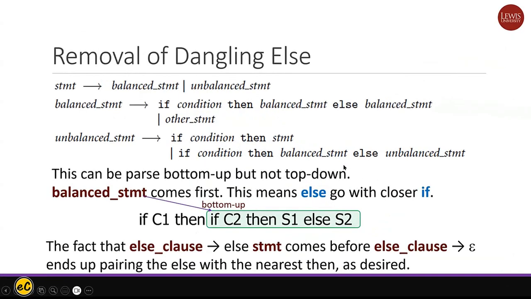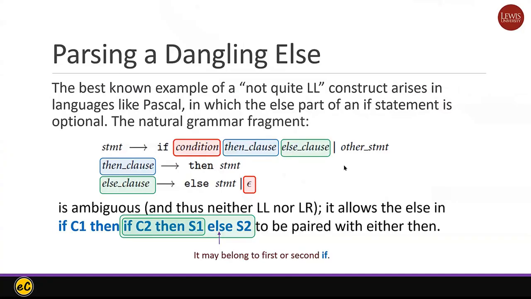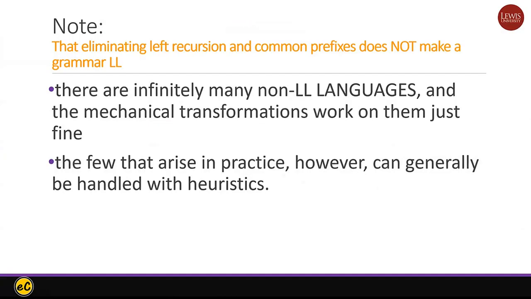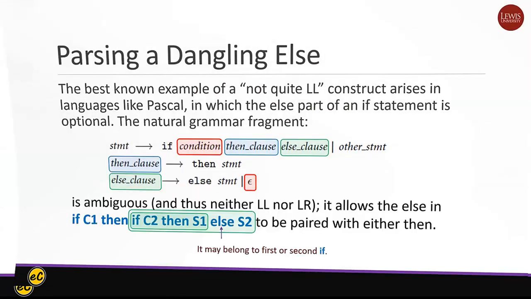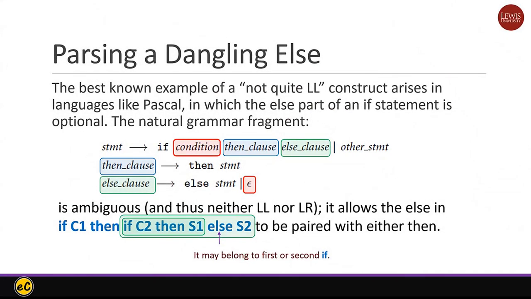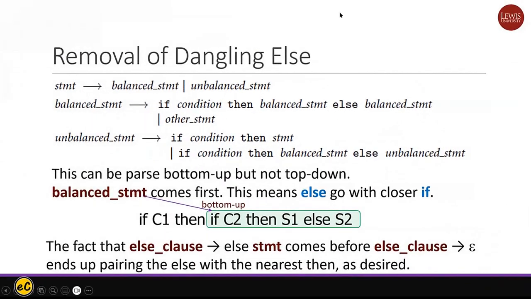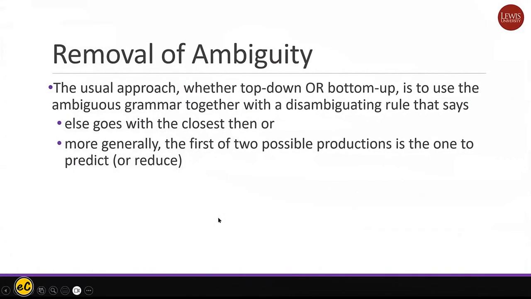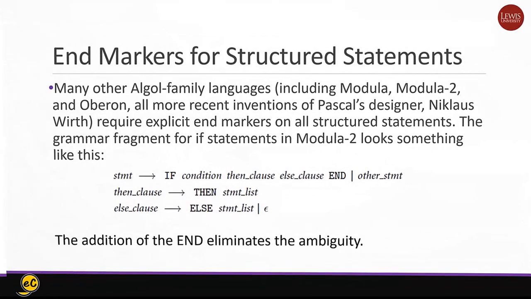Okay, so that's the rule, and then also you need to remove the dangling else. Dangling else also needs to be handled. So dangling else, you just make sure that your else stays with the closest if. That will remove the ambiguity.